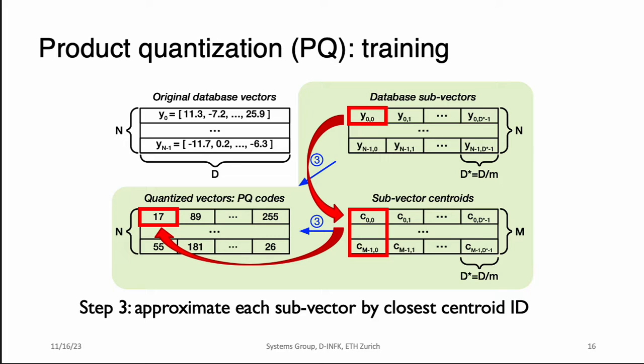The 17 here is known as the PQ code, and because we only have 256 centroids, the IDs can only be within that range, and we can use just 1 byte of PQ code to store a database subvector. And then given database vectors divided into m subvector spaces, we only need m bytes of PQ code to represent a full database vector.